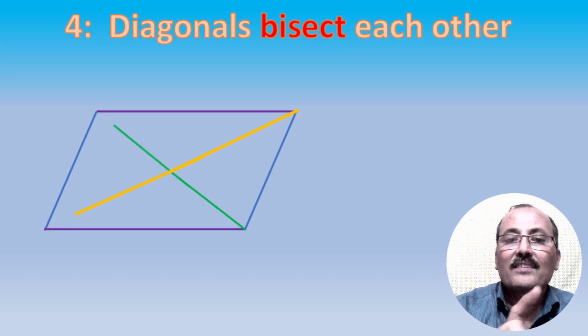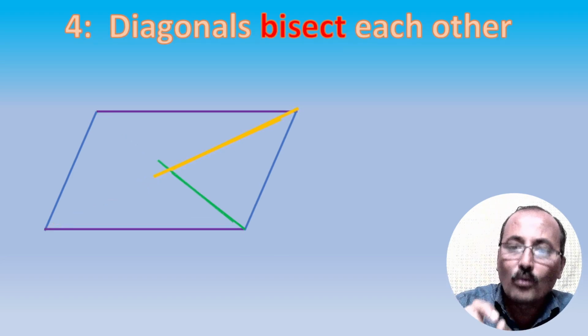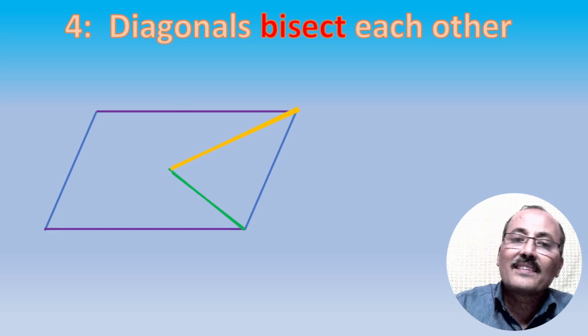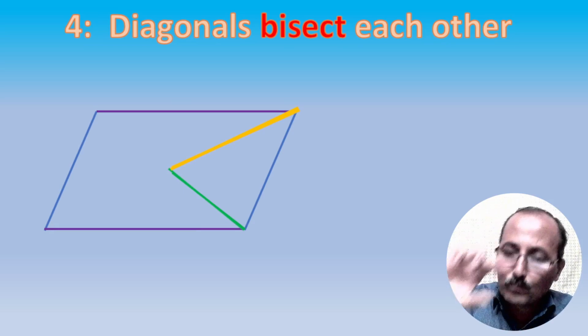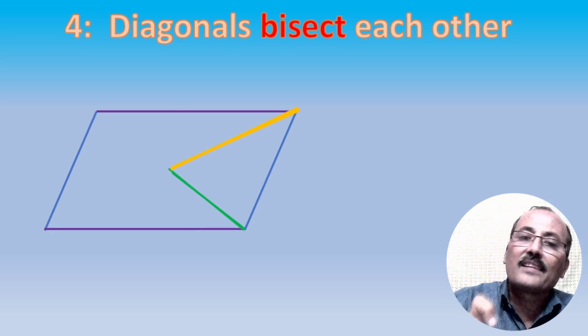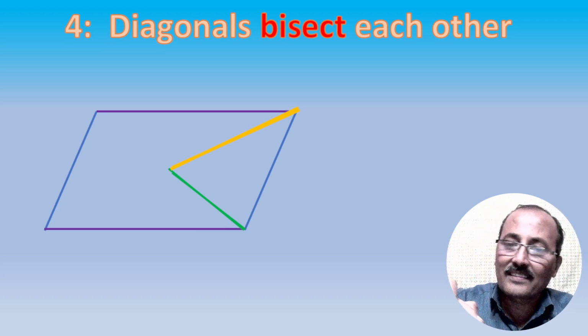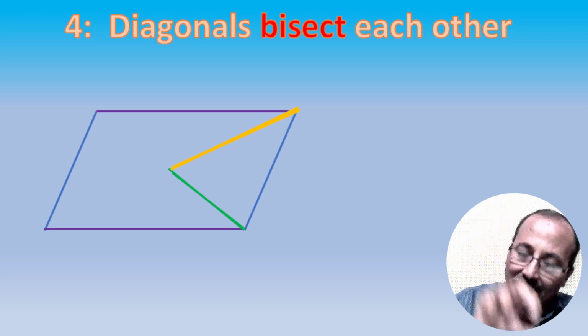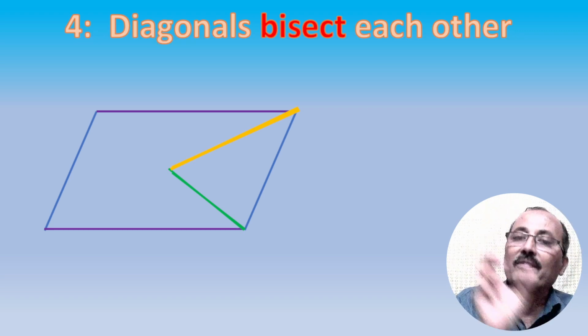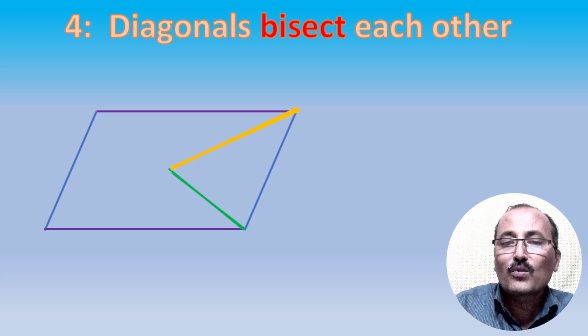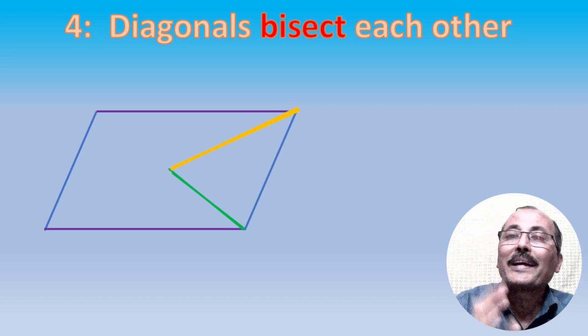Now consider this one that goes on coming down and it exactly fits the same. That means that line moved down and it coincides on the second line, that second half. First half fits on the second half. In the same manner, in the second diagonal also, first half fits on the second half. That means the diagonals are bisected.